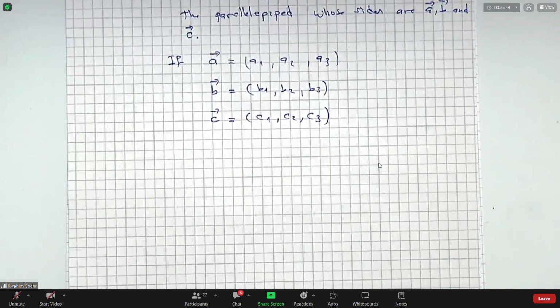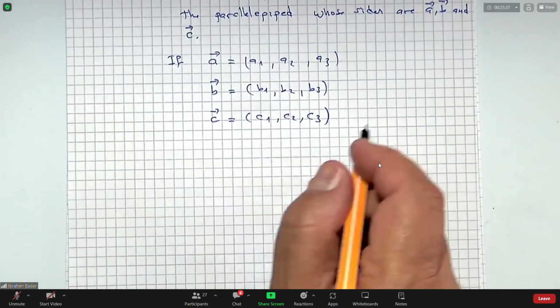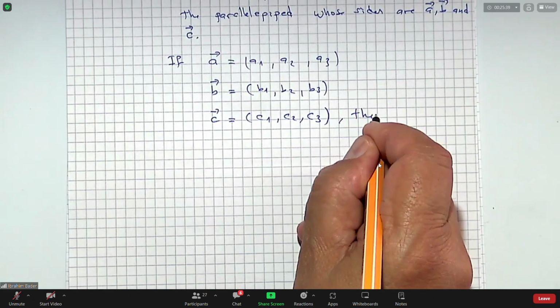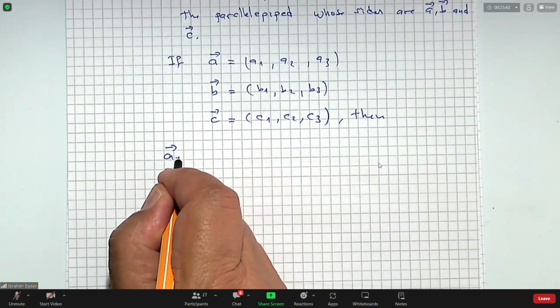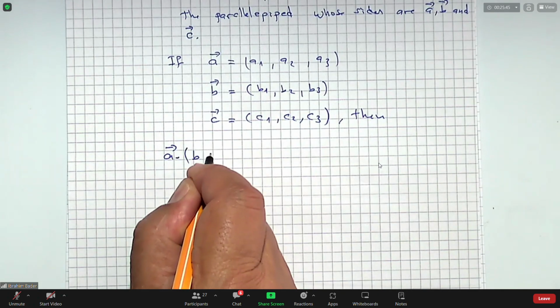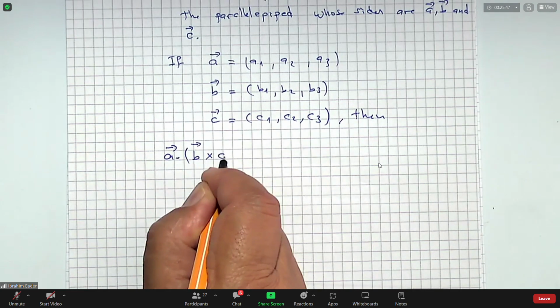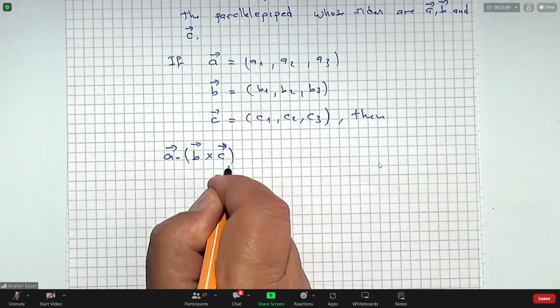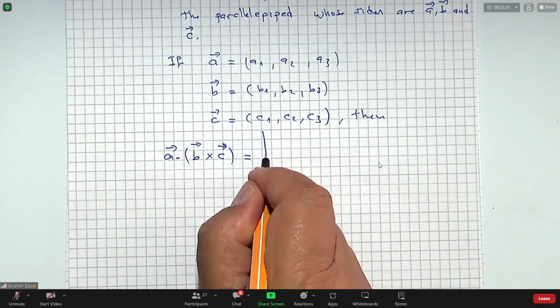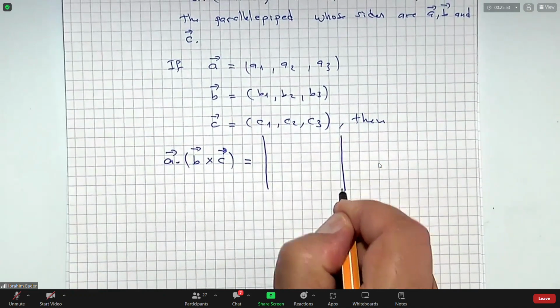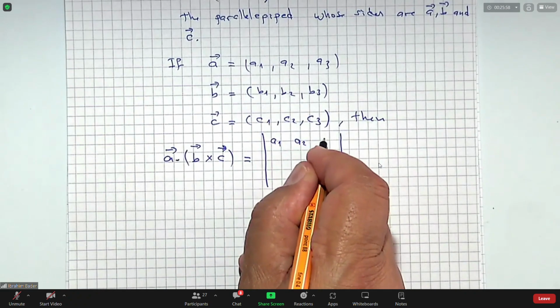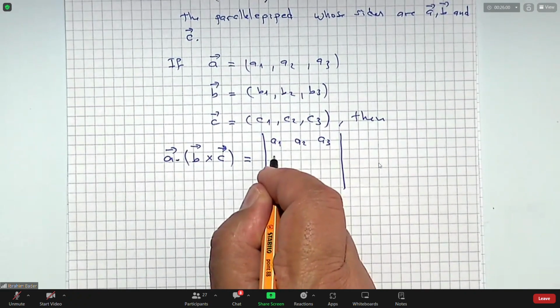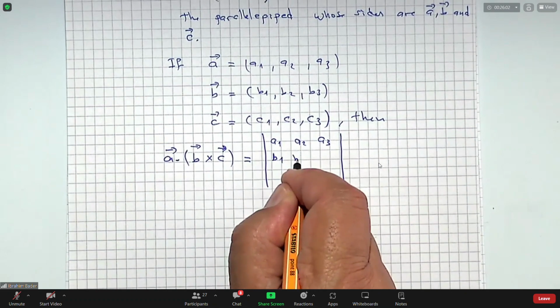Okay, then this triple product can be evaluated. Of course, you can evaluate it as first constructing the cross product and then the dot product. But if you place these three vectors in a determinant, A1, A2, A3, you see here I get a 3 by 3 determinant.